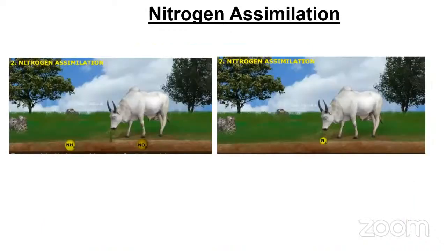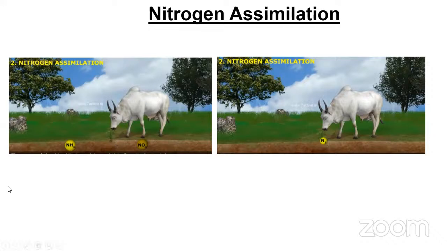After atmospheric nitrogen is fixed in the form of ammonia, this nitrogen needs to be assimilated. Assimilated means the nitrogen in the form of ammonia or nitrate present in the soil is first taken up by the plant in the form of organic nitrogen.